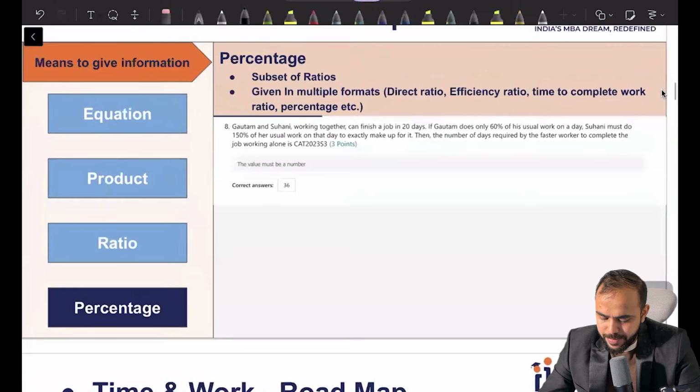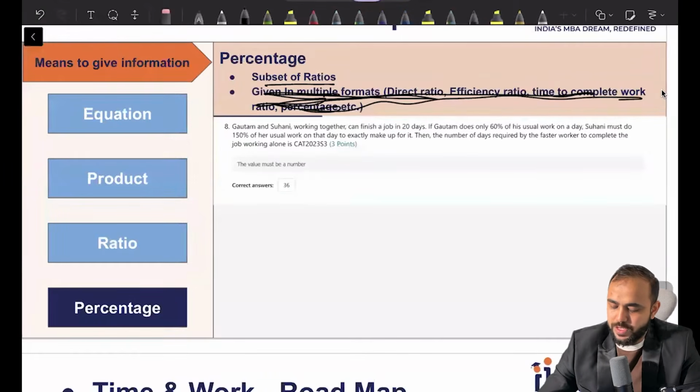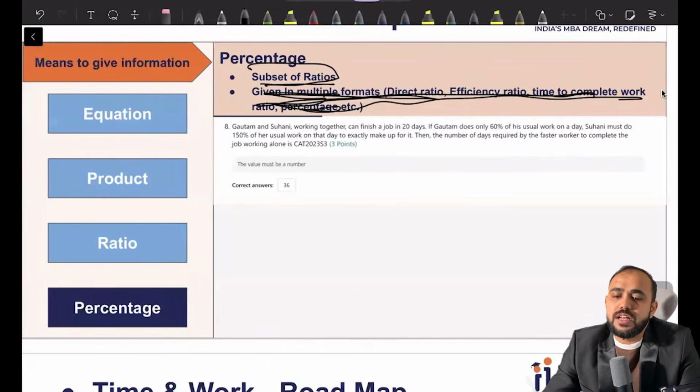Finally, the percentage method, again, it is a subset of your ratio thing. So it is a subset of ratio. So this is just one example. The percentages can be given to you again as a direct ratio of your efficiency, or it can be given to you as a percentage of their original efficiencies.